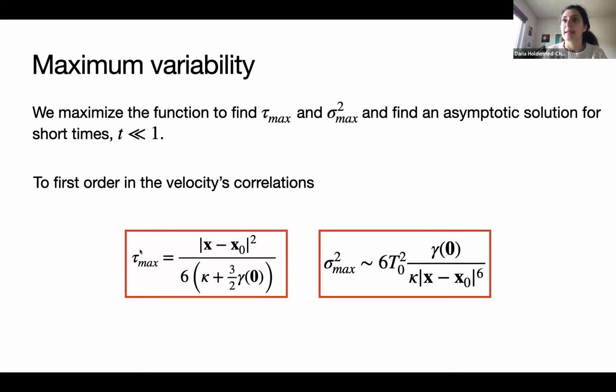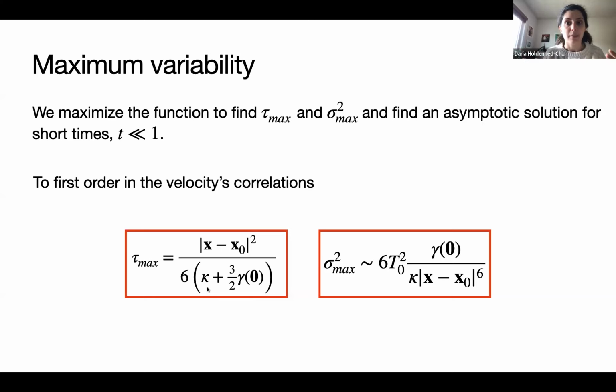showing you, because if you consider a random walk, the dependence between the mean squared displacement and the time that you wait is indeed that the time depends on the distance squared from the source. The time scale to achieve this maximum variability will decrease if the thermal diffusivity is higher, because in this case, the system will equilibrate faster.